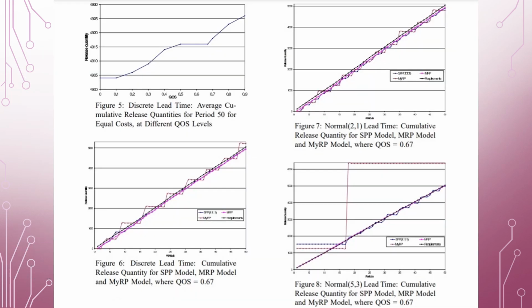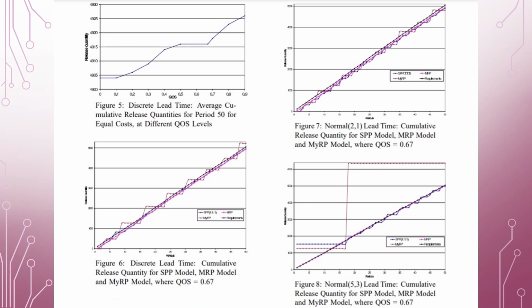Figure 5 describes the discrete lead time, the average cumulative release quantities for a period of 50 for equal cost at different QoS levels. Figure 7 describes the normal 2,1 lead time cumulative release quantity for the SPP model, MRP model, and MYRP model where QoS is equal to 0.67.